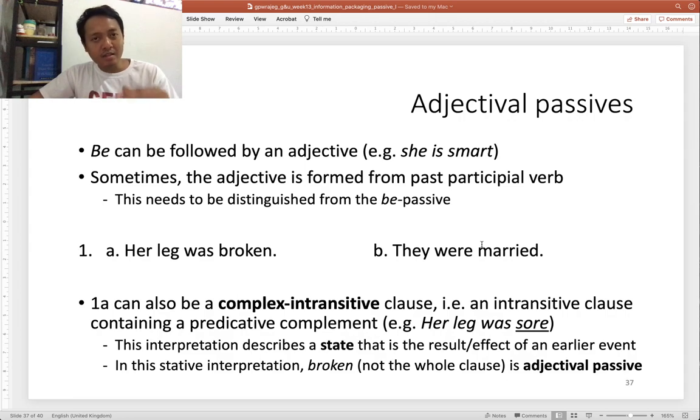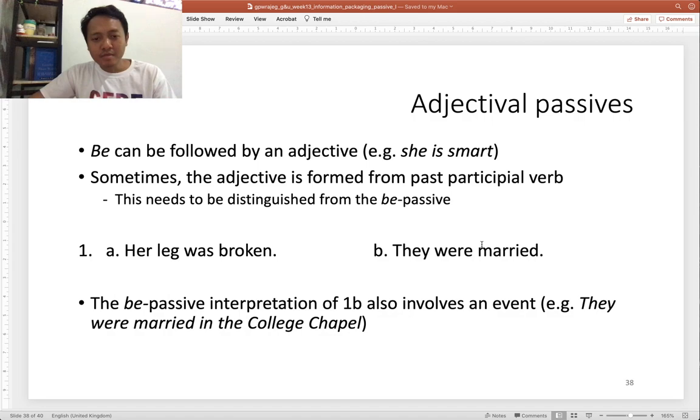In 1B, the same. The be passive interpretation involves an event. If you want to interpret 1B as a true, genuine be passive, this should be in the context of an event, such as they were married in the college chapel. That's describing an event of wedding.